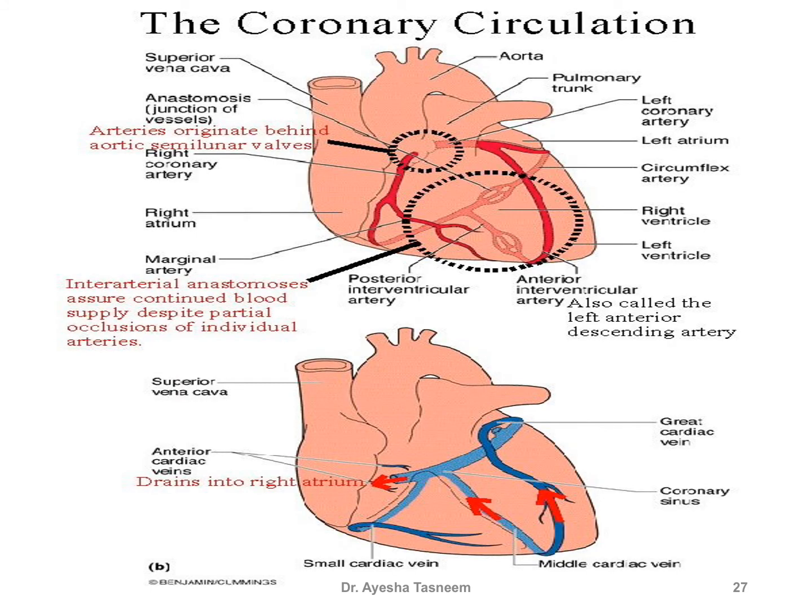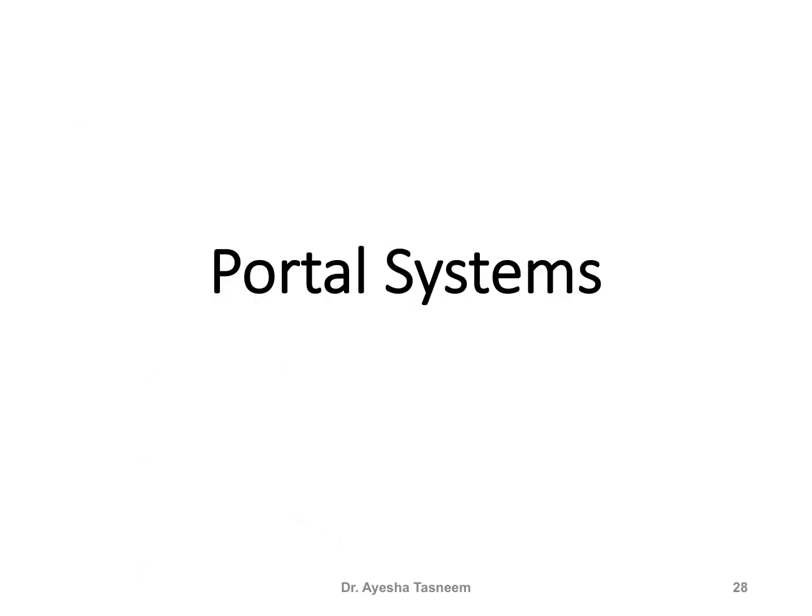Here you can see the coronary circulation. This is the left coronary artery, and this is the right coronary artery, that is further divided into marginal arteries and circumflex arteries to supply the walls of the heart.